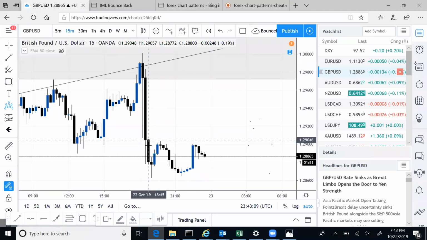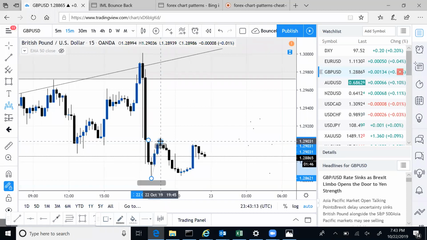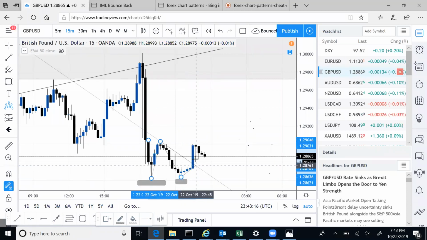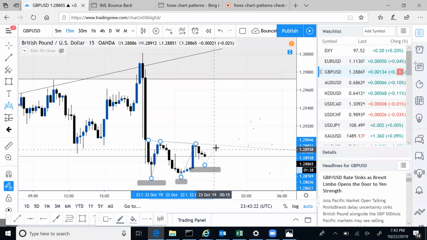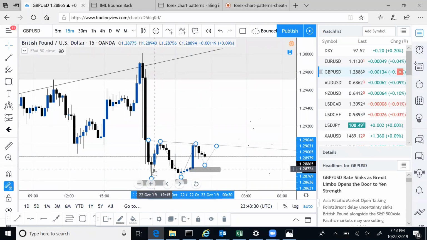So we started from here, came down to here, back up here, down here, up here, and I expect this market to at least come down to here and finish here. So we're forming the inverted head and shoulders pattern. Don't mind that the wick is there.